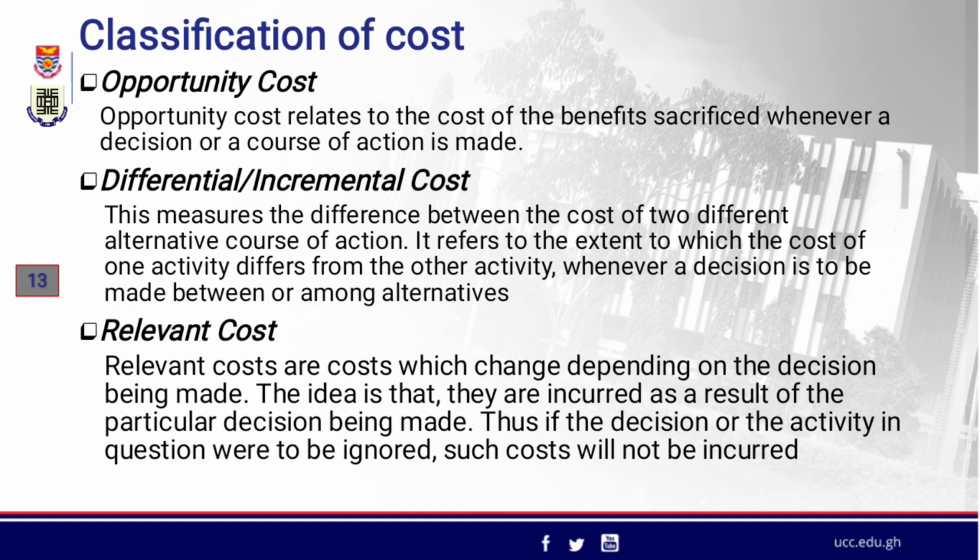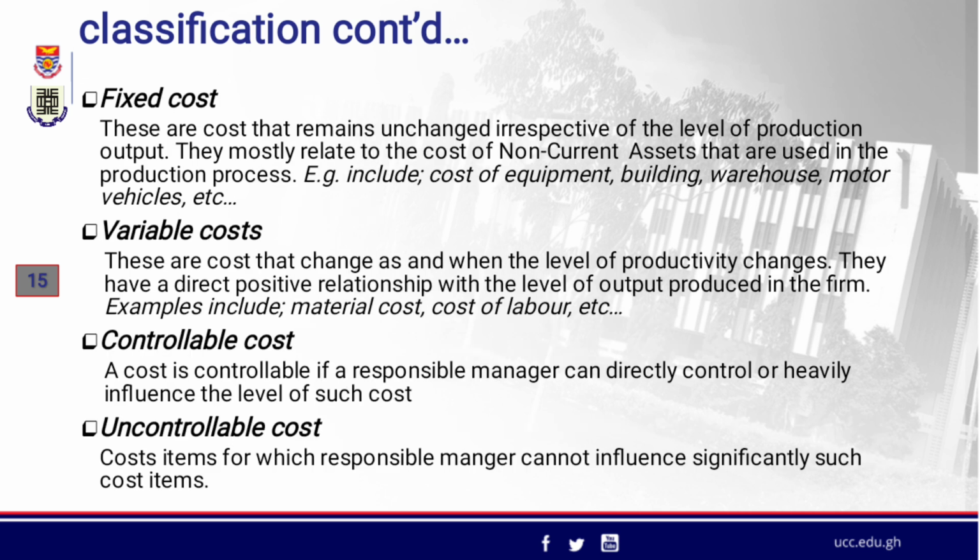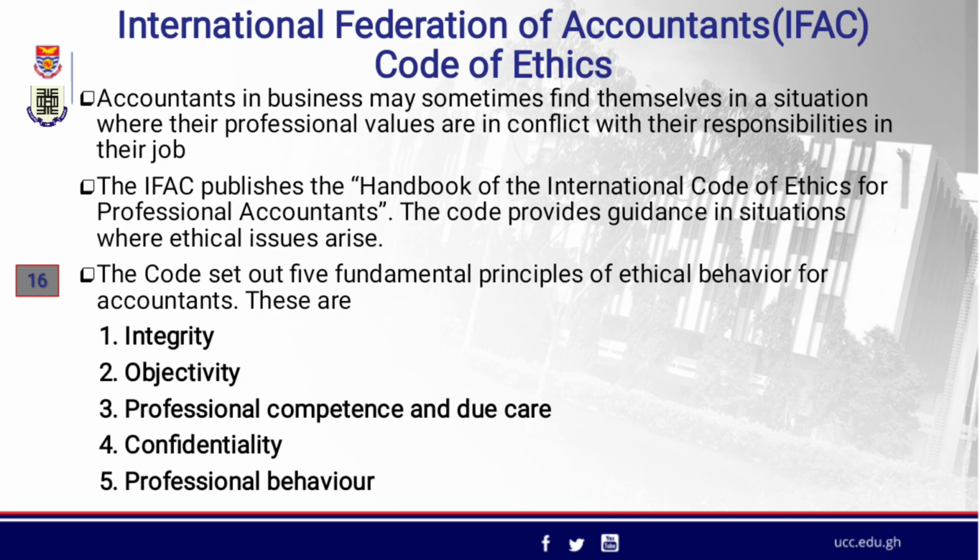Okay, so we are going to look at some classifications of cost. We have opportunity cost, differential or incremental cost, relevant cost, sunk cost, product cost, period cost, fixed cost, variable cost, controllable cost, then uncontrollable cost.